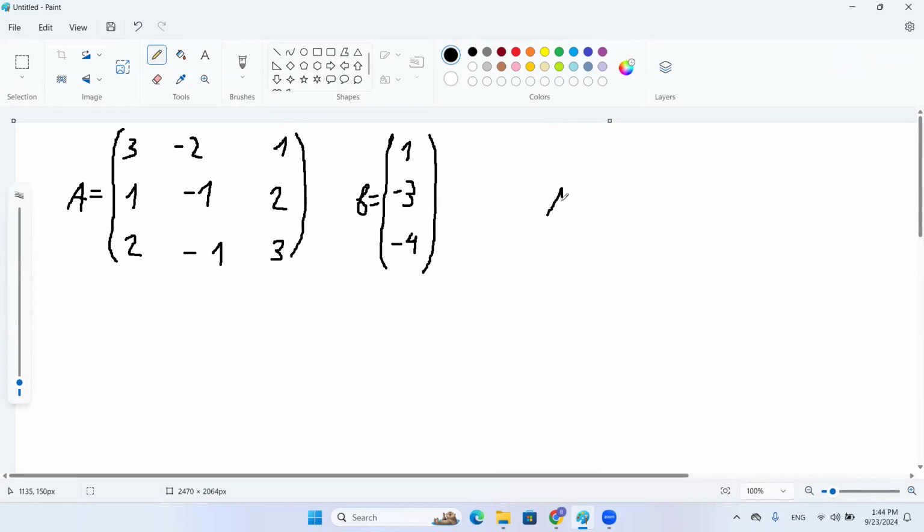And how our equation system actually looks: AX equals B. To get the solution, we multiply by the inverse matrix from the left side.